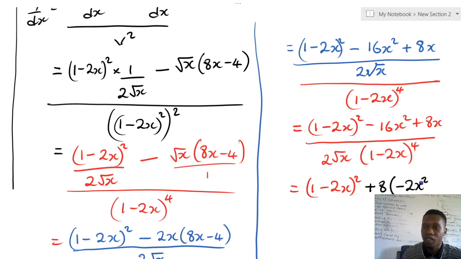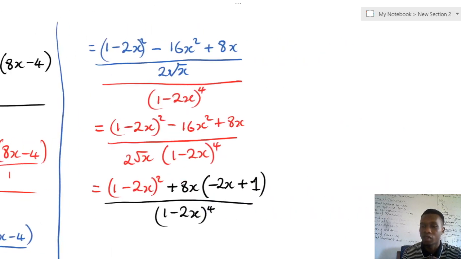Factorizing this, I know I can bring out 8x, and here will be minus 2x without the square, plus 1. Notice this value is almost looking like this value, because we have to factorize them later on. So here is 1 minus 2x, which is power 4.